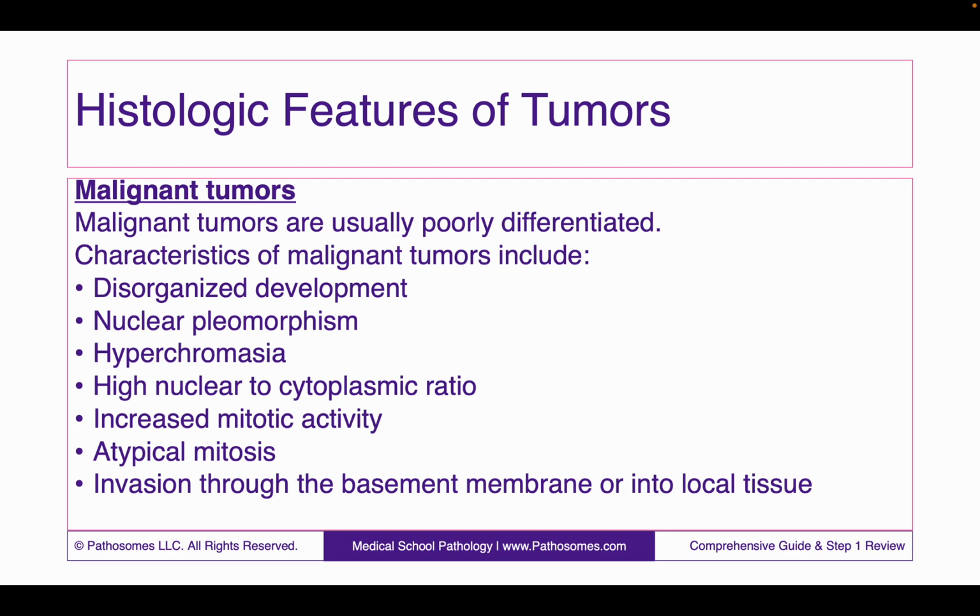The nucleus is big, the cytoplasm is scant, small, low, high NC ratio. Lots of mitotic activity, right? It's just proliferating at a rapid rate, with increased mitotic activity, strange mitoses, atypical mitosis, and invasion through the basement membrane or into local tissue. Those are features of malignant tumors.